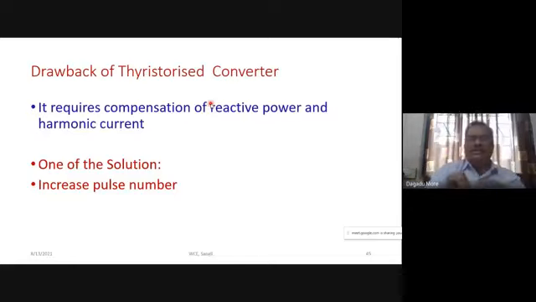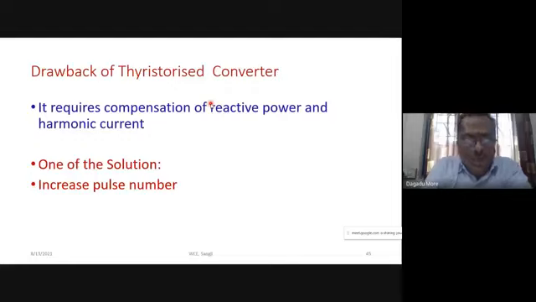This thyristorized converter, the diode bridge, never works at a leading power factor or unity power factor. They always work with a lagging power factor, so they take reactive power from the supply, whether the controlled converter is working in inverter mode or rectifier mode.